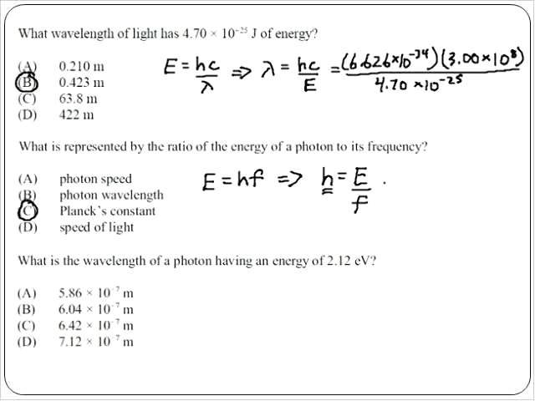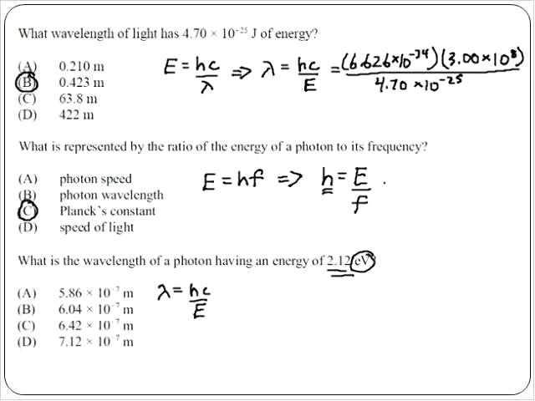Then I've got the wavelength of a photon having this energy. Well, that's the same as the first question on the page, except my energy is given in a different unit. Look, electron volts. You may remember from the previous unit, Unit 2, that electron volt is another unit we can use for energy. So I can start again by saying simply that lambda equals hc divided by energy, the same thing I said up top.